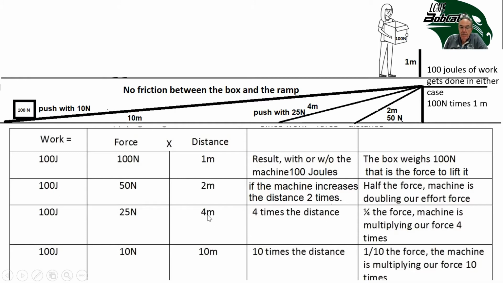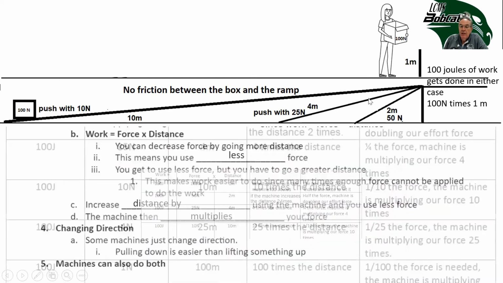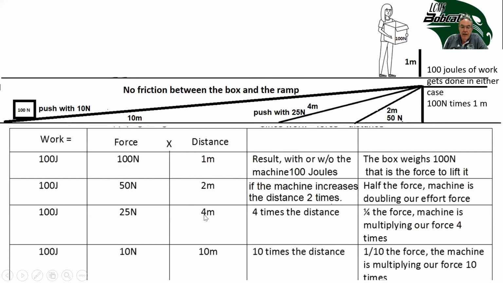Now, let's say she made the ramp 4 meters long. So now she's got to push the box 4 times as far as what it's actually going to get lifted, this 1 meter. But now she only has to use 25 newtons worth of force when she pushes it up this ramp. Okay? But the same work is getting done. The 100 Newton box is being lifted 1 meter. So we have 4 meters times 25 newtons is the output work of 100 joules.